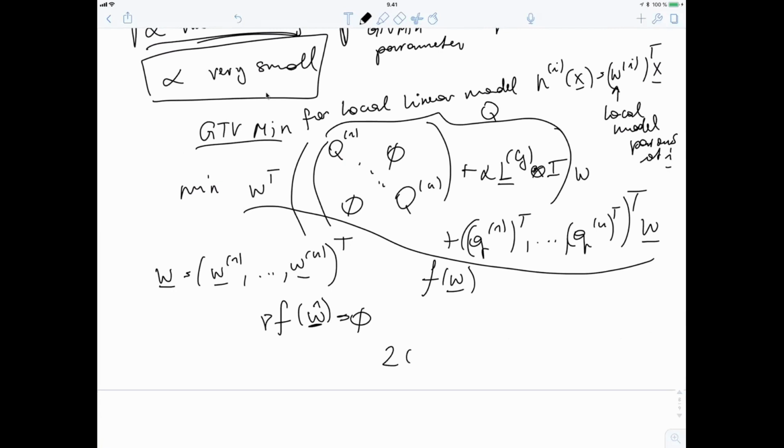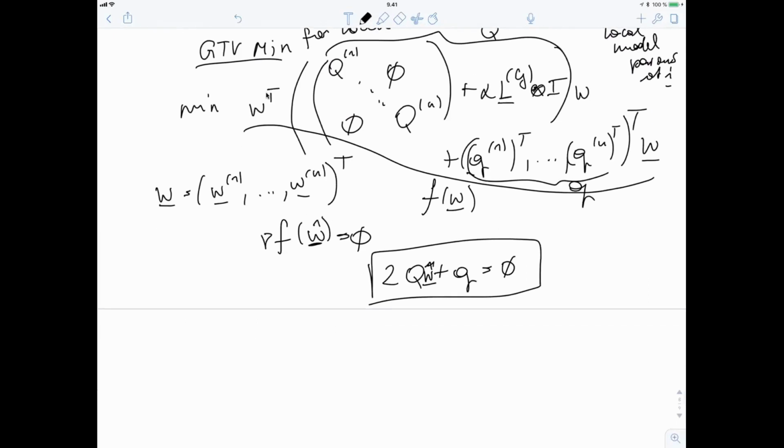You get 2 times Q W plus vector q equals 0. So this is the optimality condition, and you can then, of course, compute the optimal vector by solving it: W equals minus 1/2 Q inverse times q.